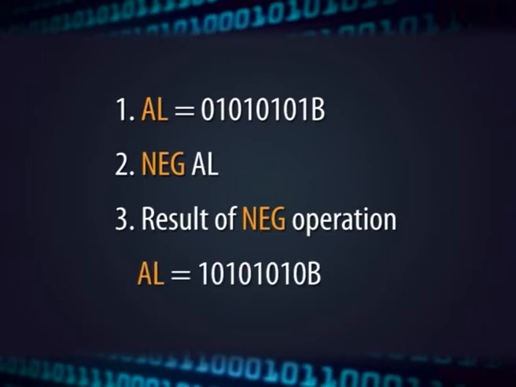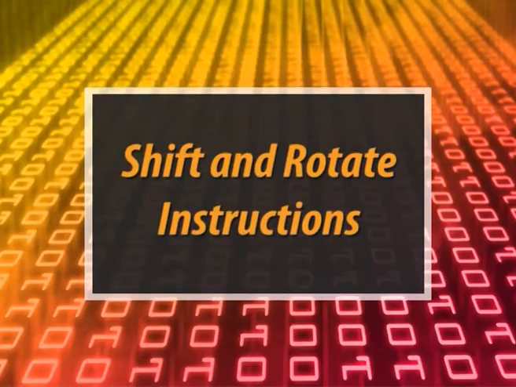As you can see, all the bits of register AL are complemented. That means if earlier the bit contains 1, now it contains 0. If the earlier bit contains 0, now it contains 1.